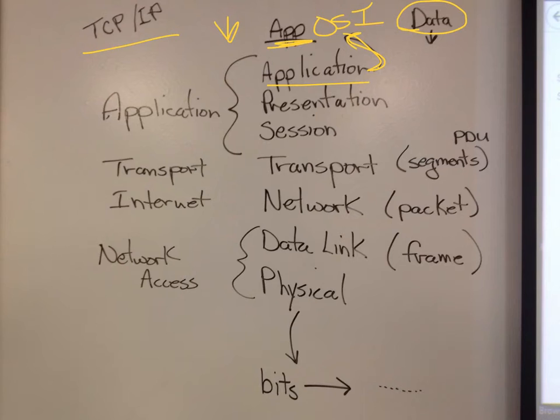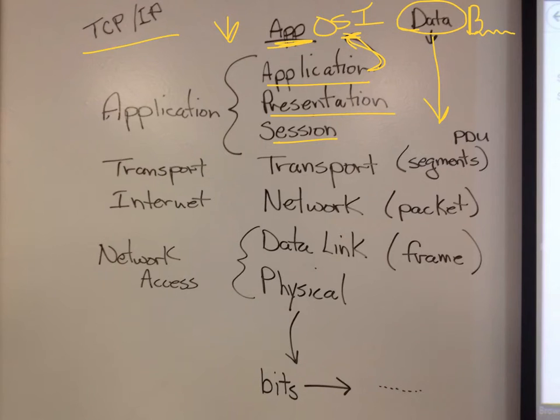And so we have the application layer that links us in to the data. So the data, let's say we have a browser up here, and we're going to send some data, a URL, we'll get to a website. The data then is passed down, it's presented, and we create a session.